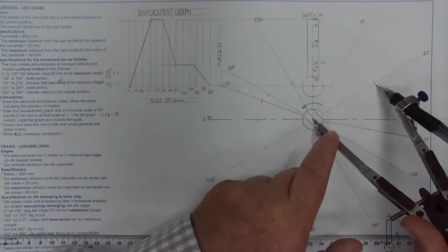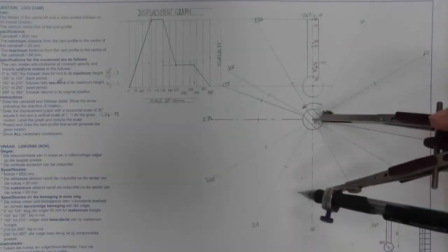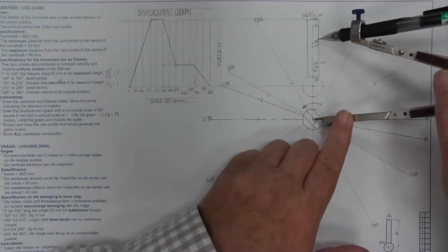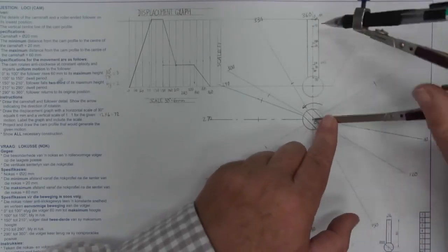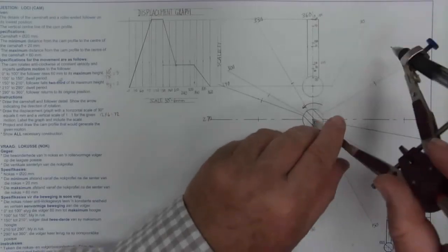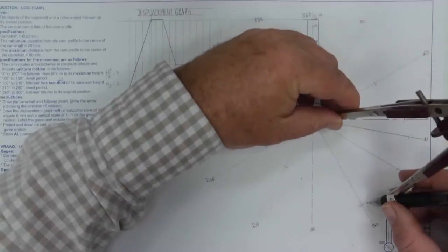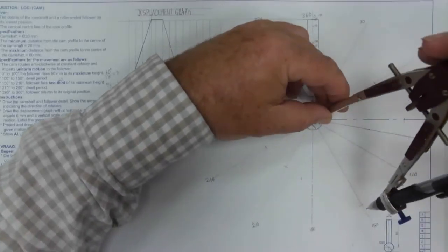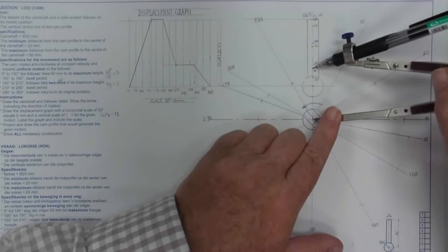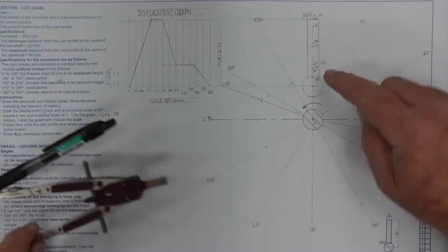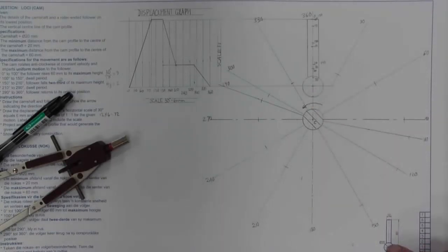There was 60, 180, 90. Here was 100 to 150. And the last one I needed was 30. And now at each of those points I'm going to draw my semicircle with the radius of 10 for my roller.